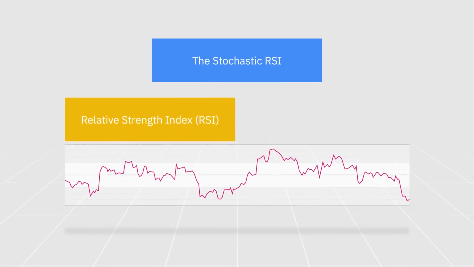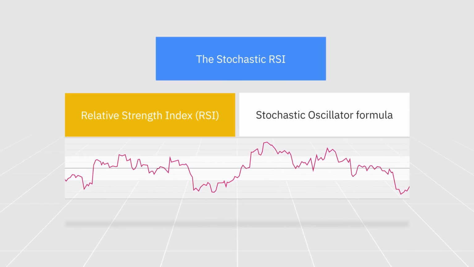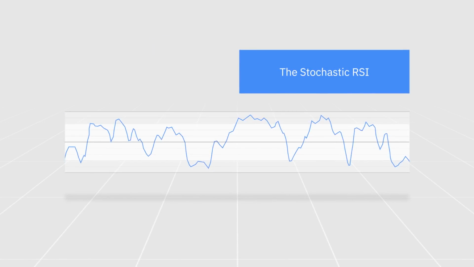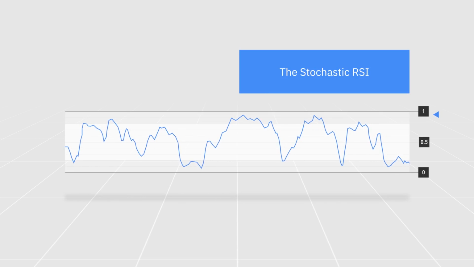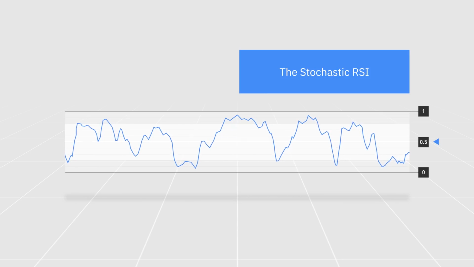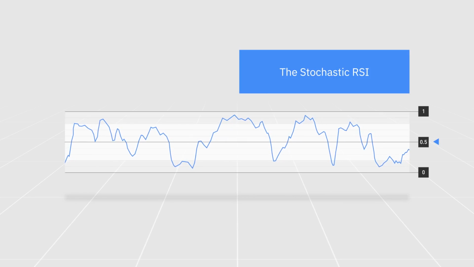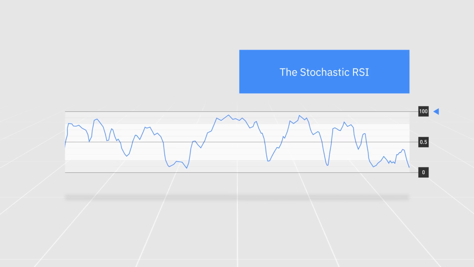As the name suggests, the stochastic RSI is generated from the ordinary RSI indicator by applying the so-called stochastic oscillator formula. The result is a numerical value that goes from 0 to 1 and moves above and below a centerline of 0.5. There are some versions of the stochastic RSI that multiply the results by 100, so the values range between 0 and 100 instead of 0 and 1.